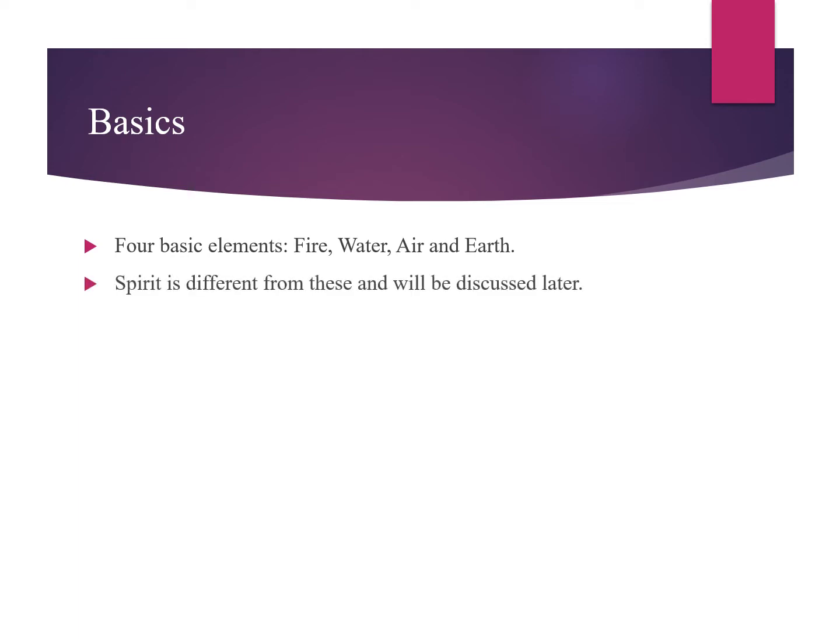Now, some people will say that spirit is an element as well, and it can be considered that, but for our purposes, we're going to stick with just the four basic elements of earth, air, fire, and water. And we'll discuss spirit at a later point because it is somewhat different from these four elements.